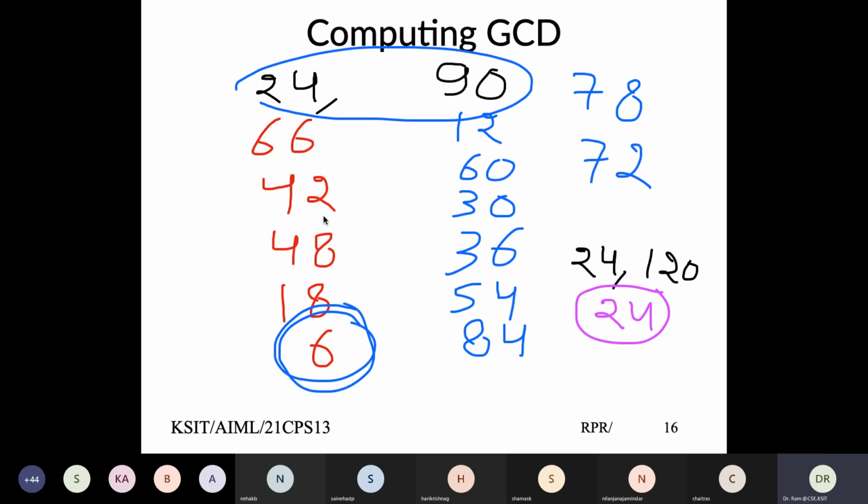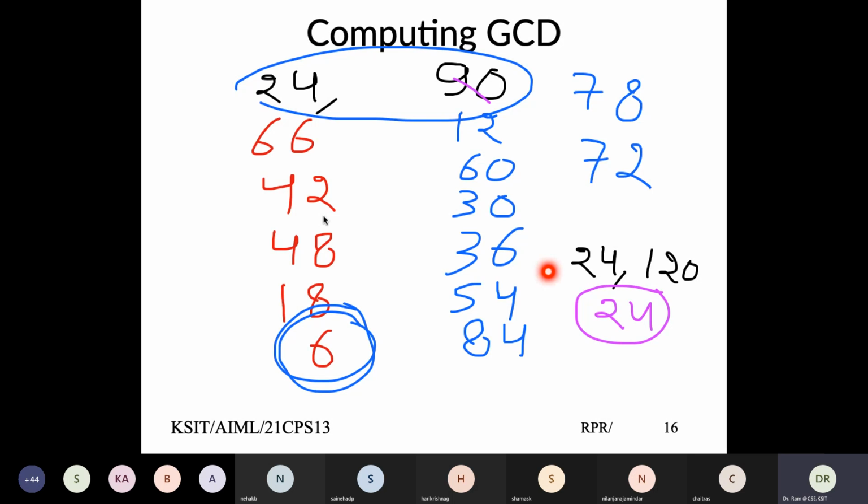And if you look at all the numbers, these numbers are multiples of the greatest common divisor. All these numbers are multiples of 6. There is no number which is not a multiple of 6.